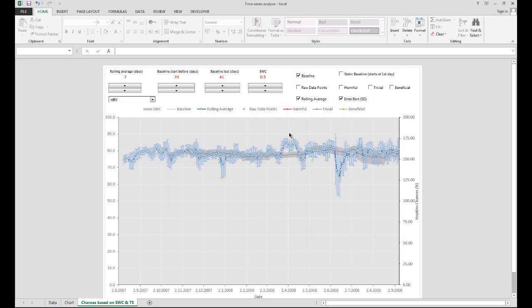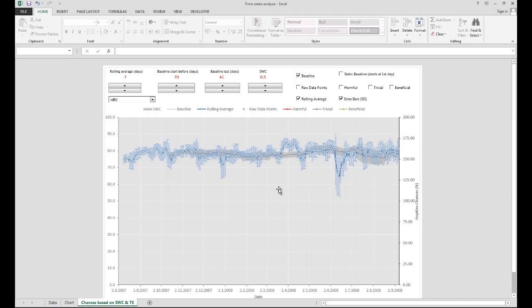And it's like a normal curve that goes to infinity, sort of speaking, but most of the data is concentrated around the mean. So we can use a simple Excel formula to calculate how much of that normal distribution of the rolling average is below, within, and above the smallest worthwhile change.